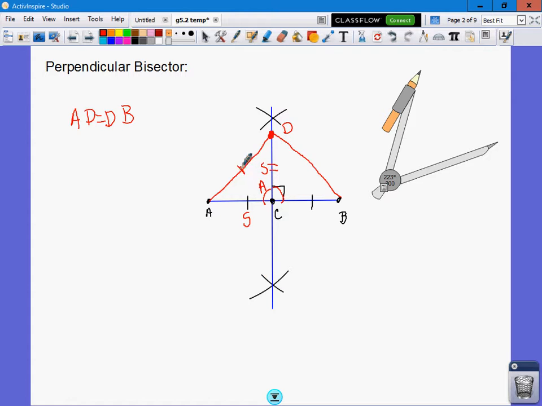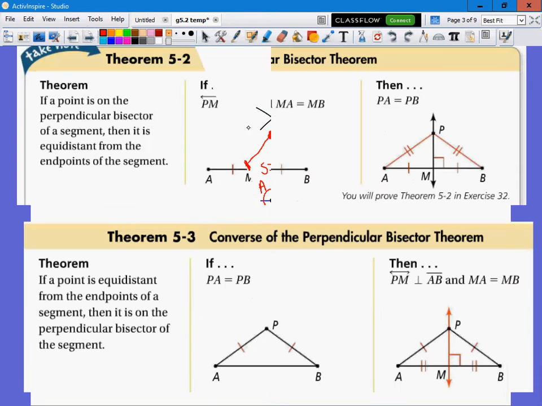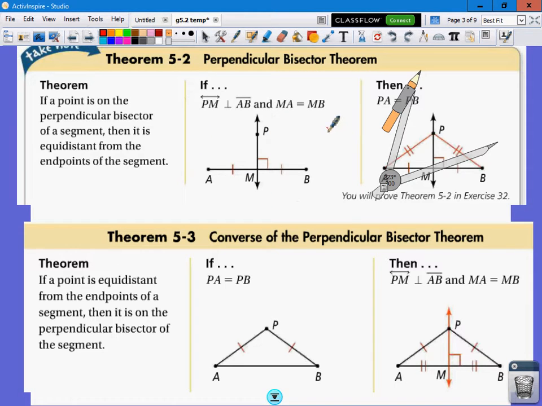So what can you tell me about this part and this part? They're congruent by CPCTC. So the reason that this theorem works is because the two triangles that get created when you draw this in would in fact be congruent.